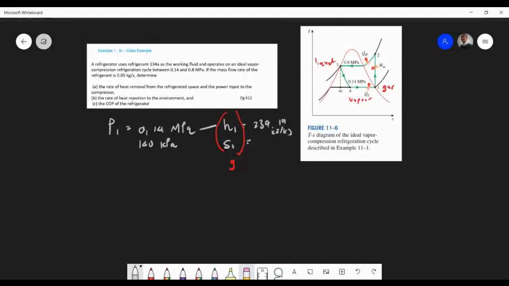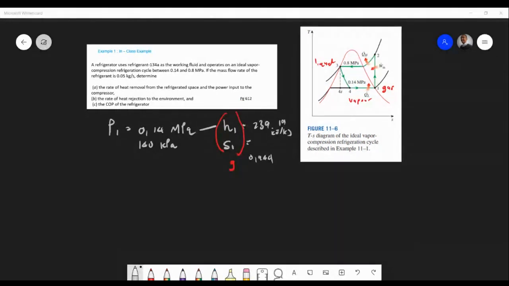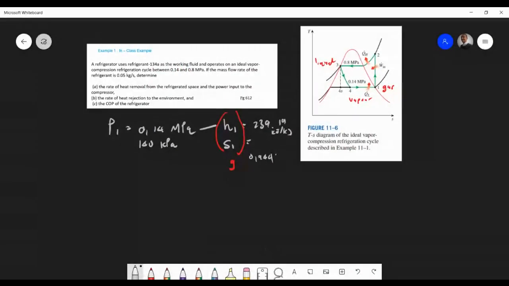And S1 is 0.94467 kilojoules per kilogram Kelvin. The units are kilojoules per kilogram Kelvin. You get 1 mark for this, 1 mark for that.